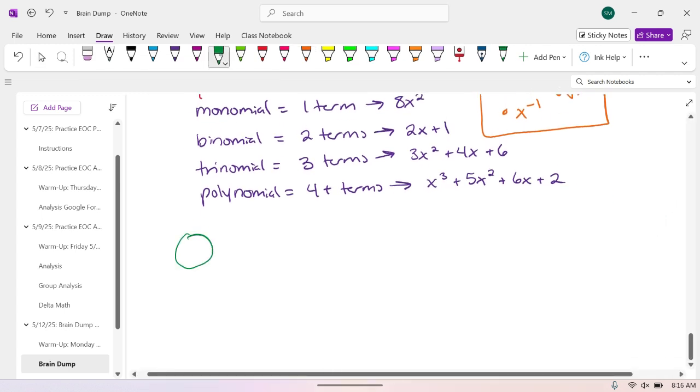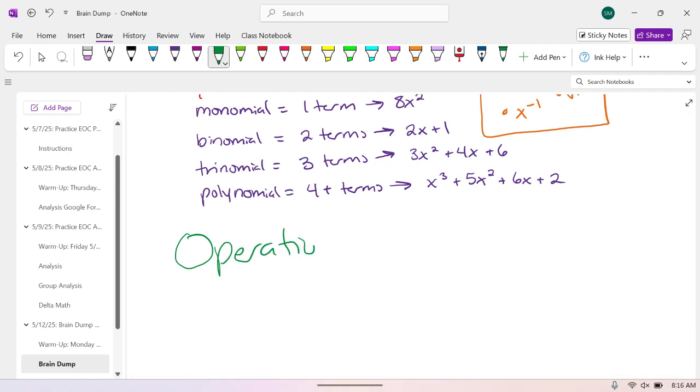All right, so if we go into the operations of polynomials, the add and subtract first.